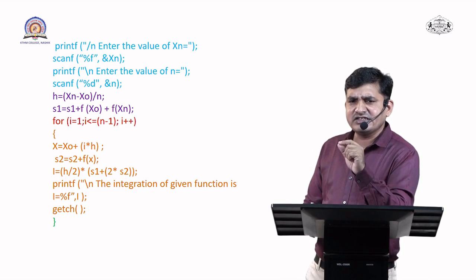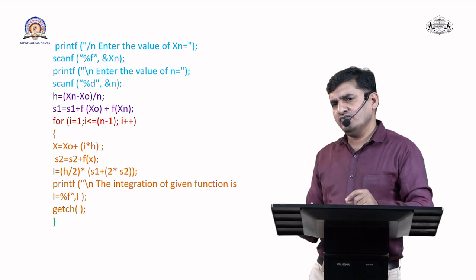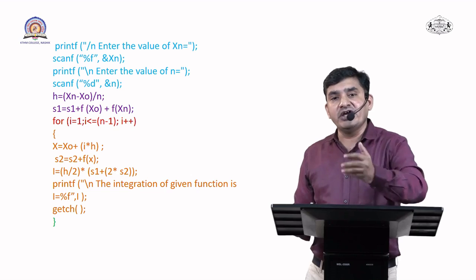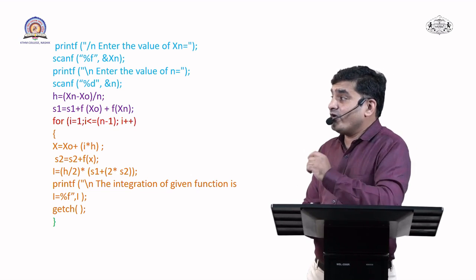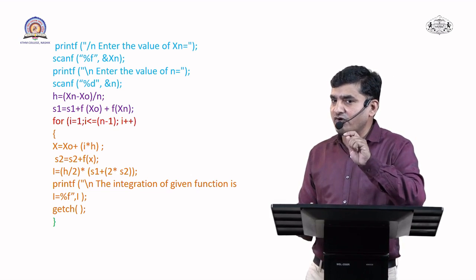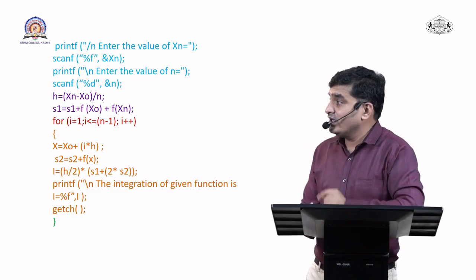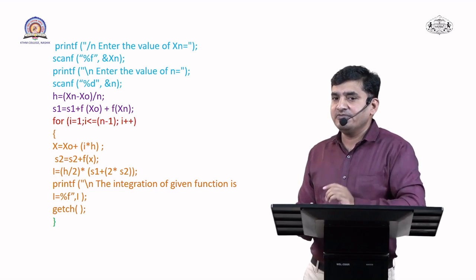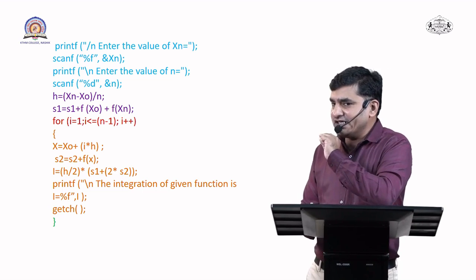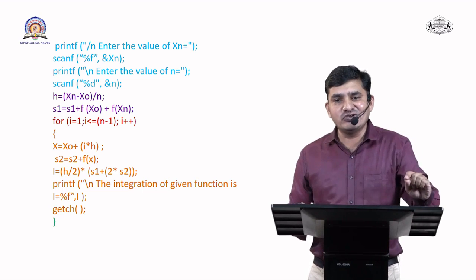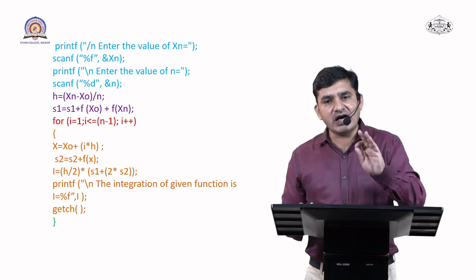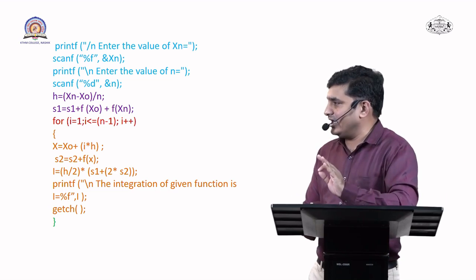Here s1 is equal to 0, which we initialized as a floating point variable. f of x0 means y0 is equal to f of x0, plus f of xn means yn. So s1 is y0 plus yn. Simply s1 is y0 plus yn.